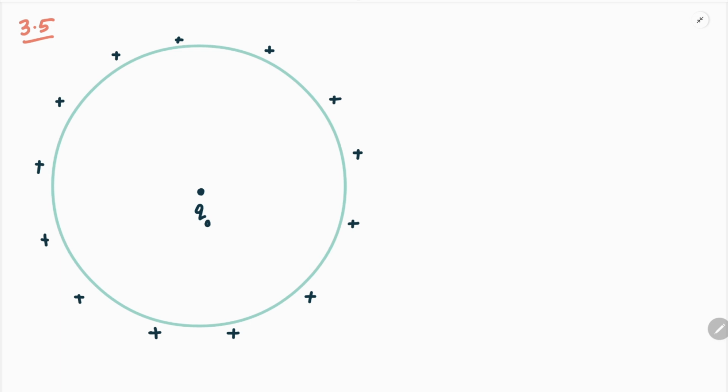So over here we can consider a small patch which we are taking here, a very small patch. And if we consider the forces on this small patch, we begin by drawing a line over here which is joining these two charges. So we consider something like this.